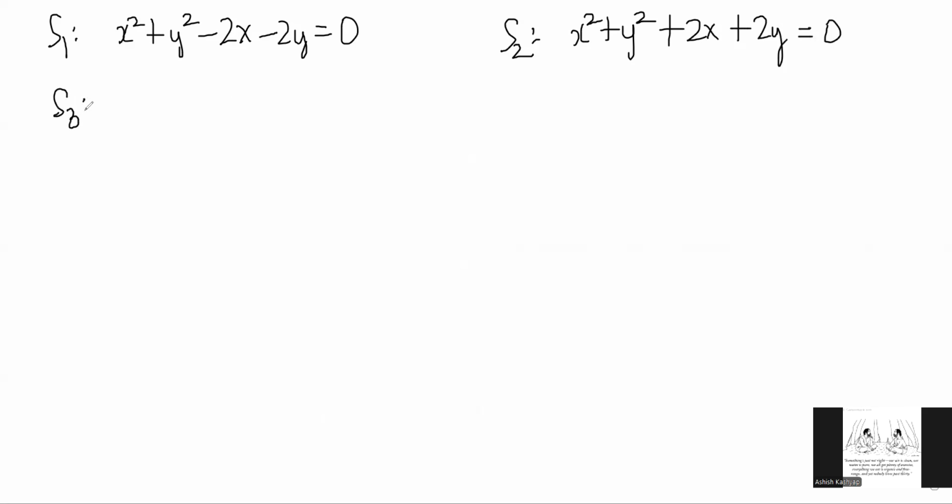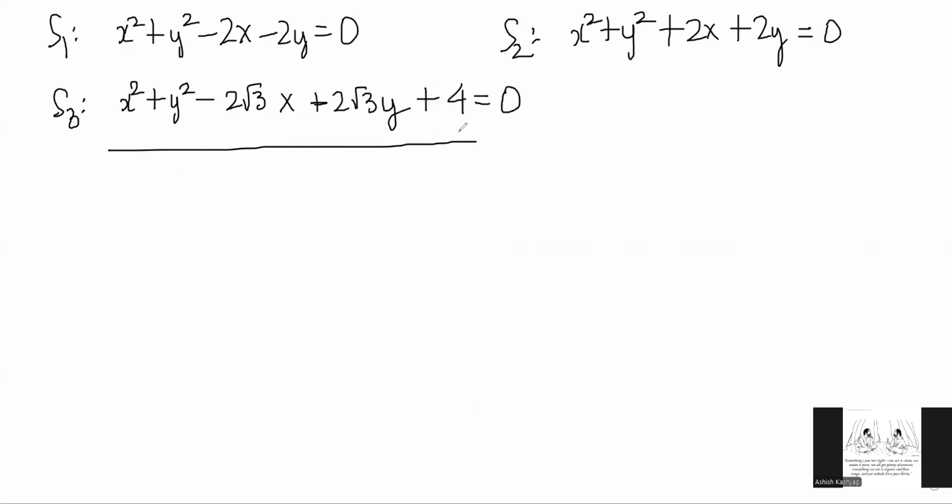And S3, for now we can take it to be in the second quadrant or in the fourth quadrant. So let's take it to be in the fourth quadrant. So you'll get x square plus y square minus 2 root 3x plus 2 root 3y plus 4 is equal to 0. This is the fourth quadrant version of S3.